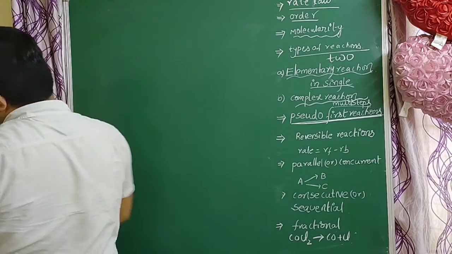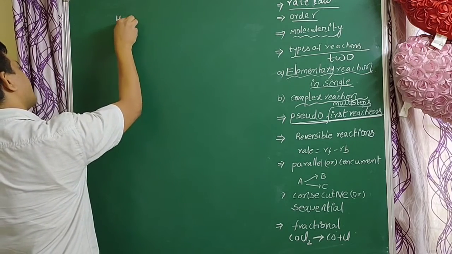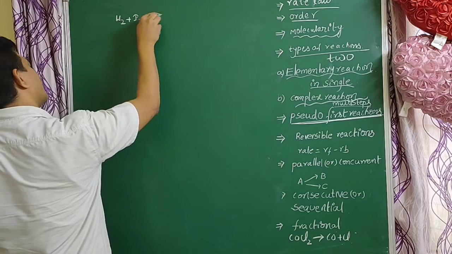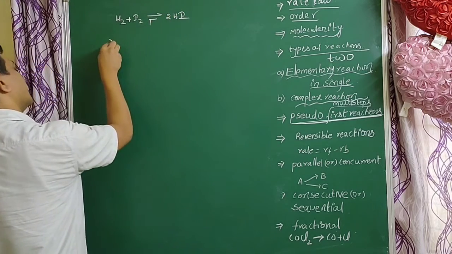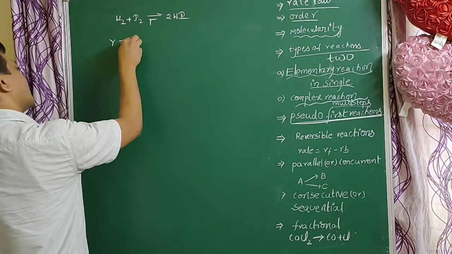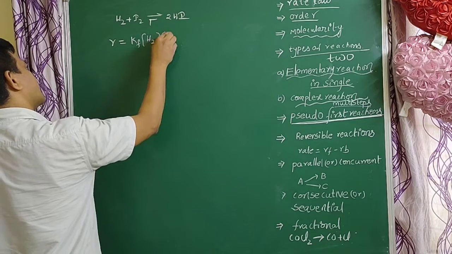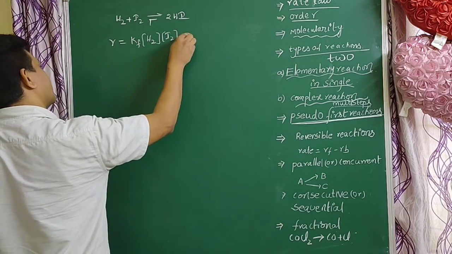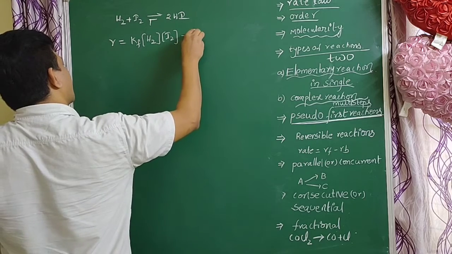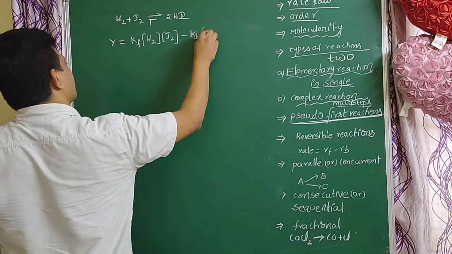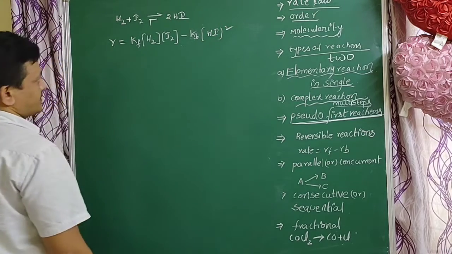For example, H2 plus I2 gives rise to 2HI. This is a reversible reaction. Rate equals Kf into forward reaction rate minus backward reaction rate, Kb, the backward reaction rate constant, into [HI] whole square. This is for reversible reactions.